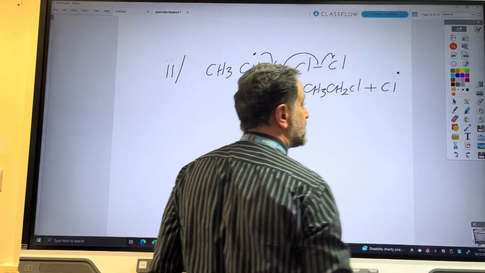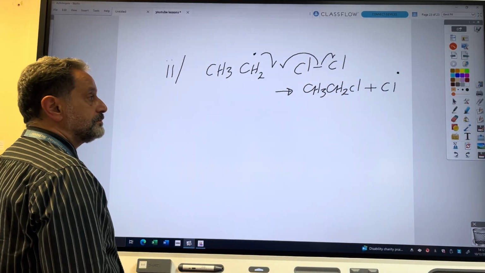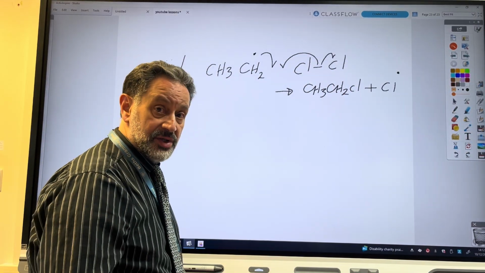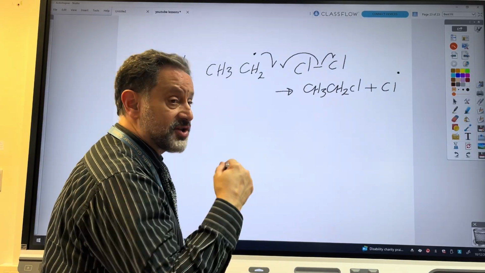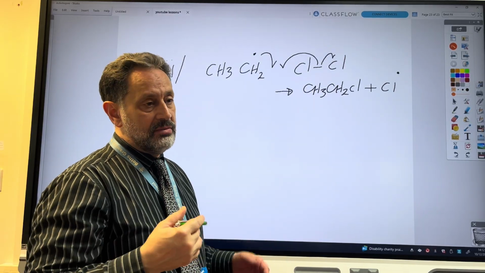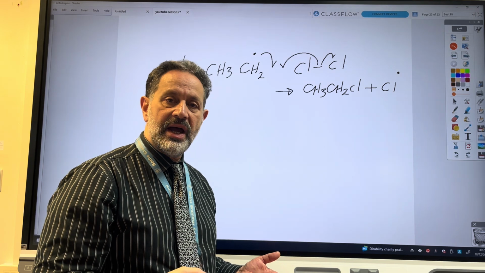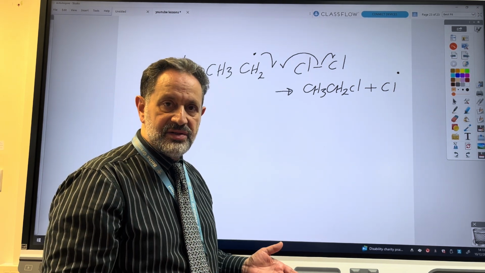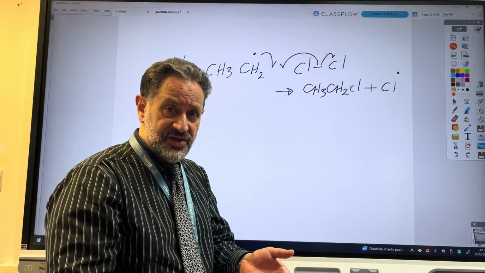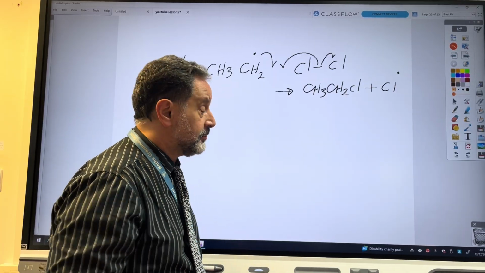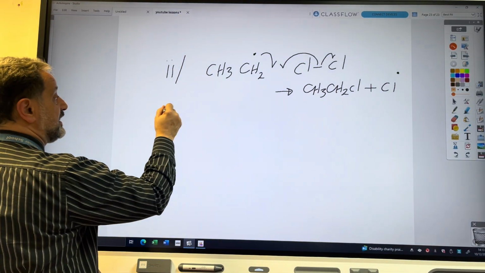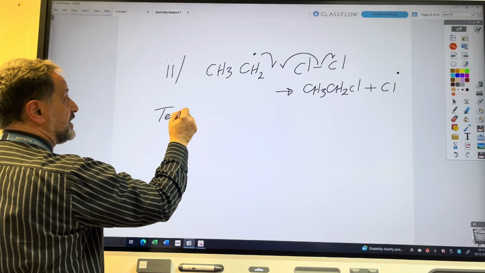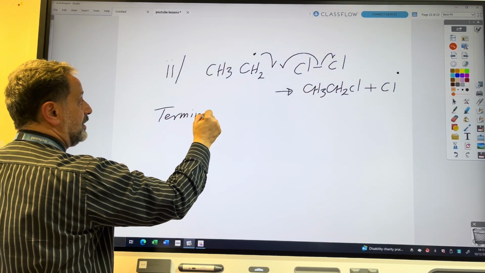That's why this process is called propagation, because you keep going. I mean, what stops propagation, or in essence, what stops a chemical reaction is, well, when you run out of reagents in the chamber, or what is known as step 3, which is termination.